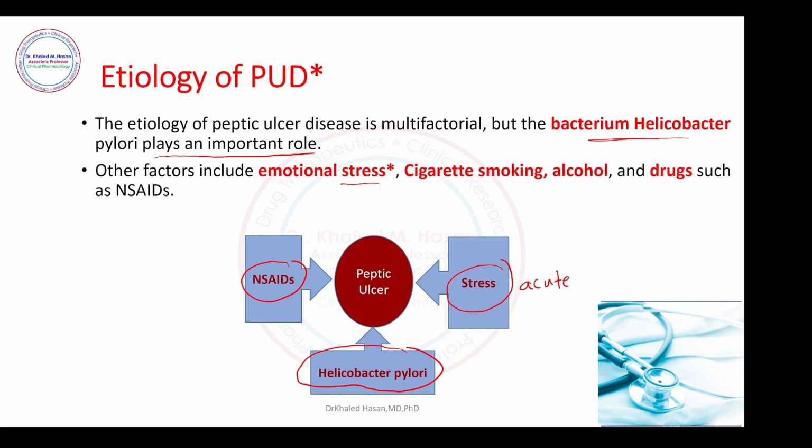So we have three main possible causes: number 1, Helicobacter pylori, bacteria; number 2, stress and anxiety, which may cause acute ulcer disease; and number 3, medications, where the most popular drugs are NSAIDs. We also have some aggravating factors: emotional stress, smoking, alcohol, and drugs.